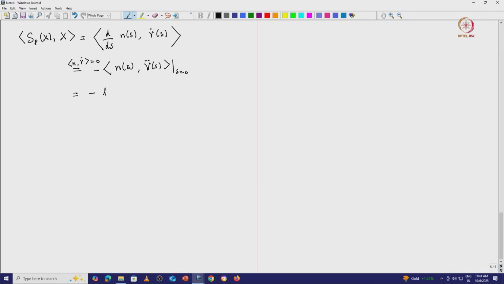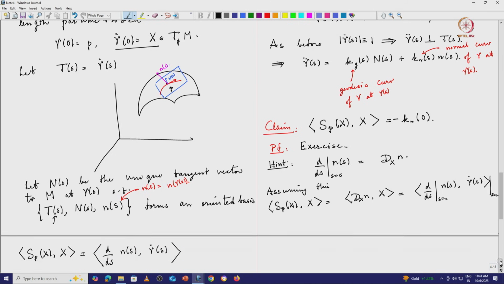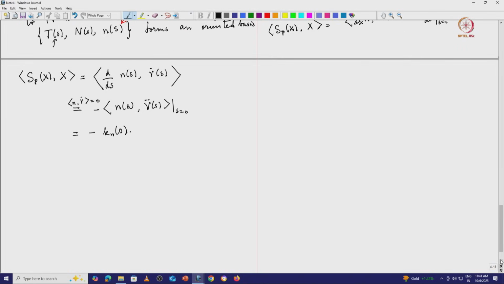But by definition this is precisely minus the normal curvature at 0. So whatever I wrote is off by a sign. So there should be a minus sign here. Okay. So that completes the proof.